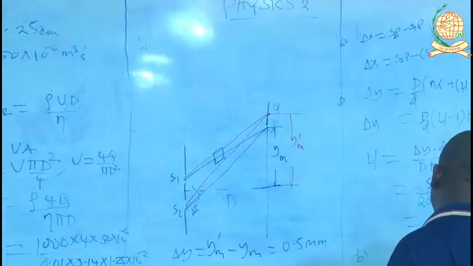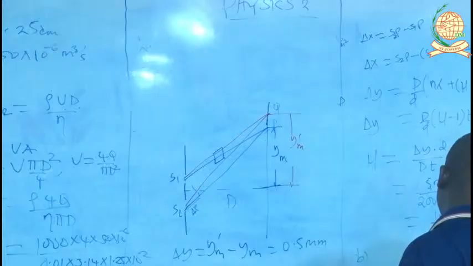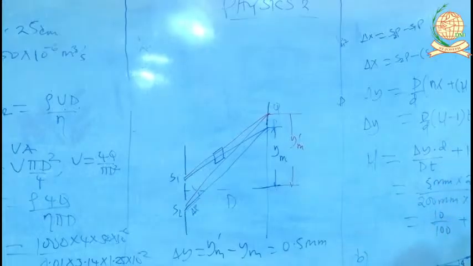Let's say one fringe is at this point, the other is there. So the fringe separation is S there. But if you draw this line, this angle will be the same, since for parallel lines, this angle and this one are the same.